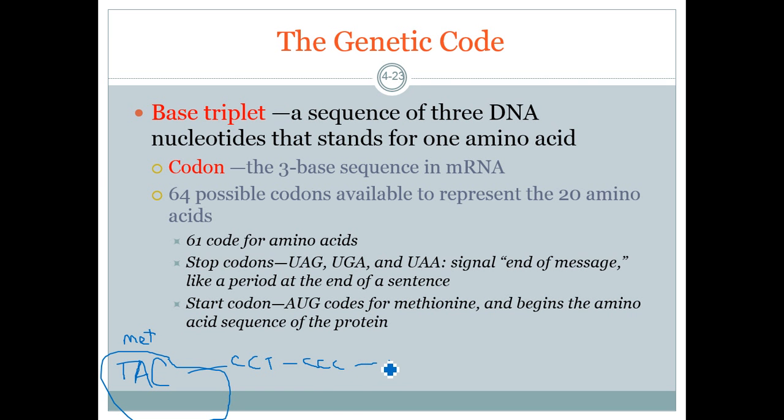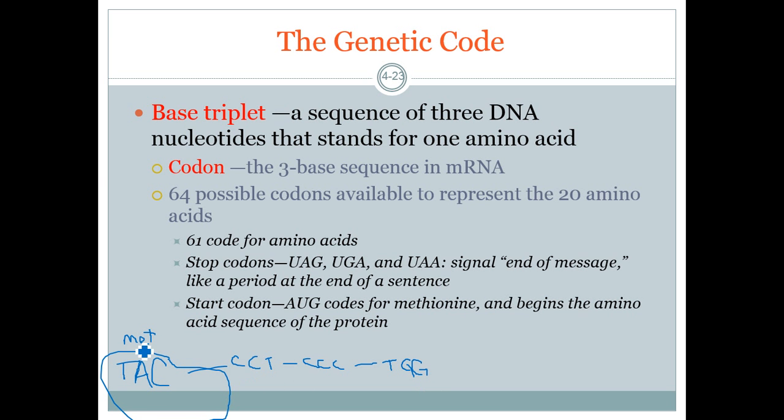Fourth group could be T, G, and G. So for this particular chain, we have 4 codons or base triplets. We have a base triplet here, here, here, and here. So we have 4 base triplets.